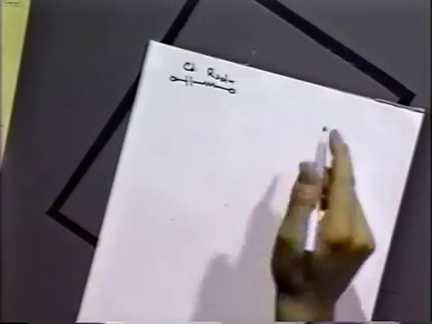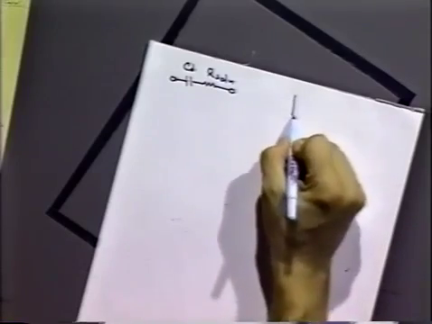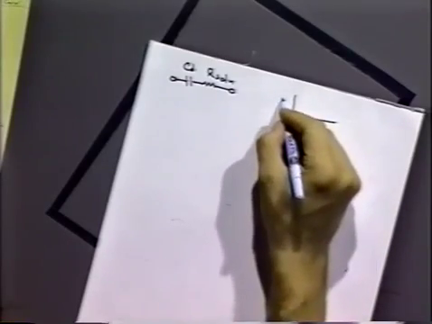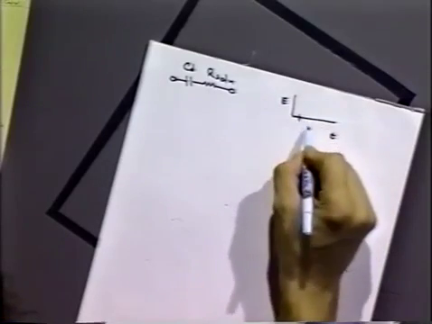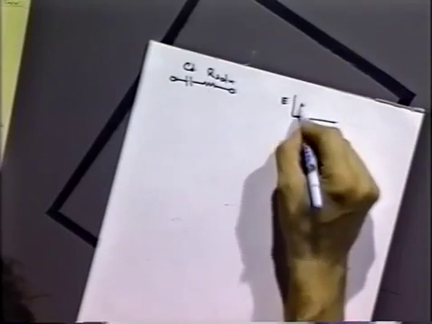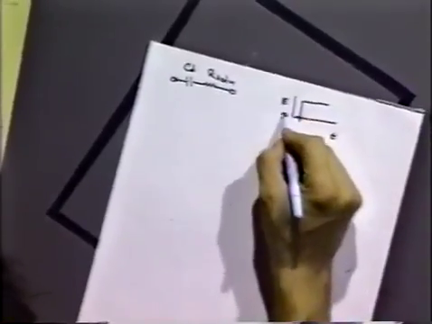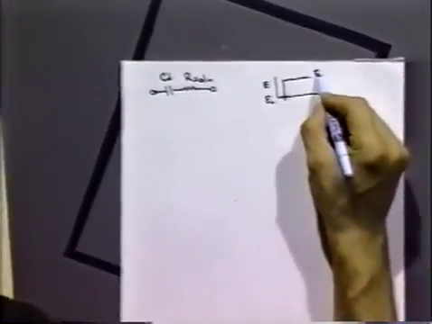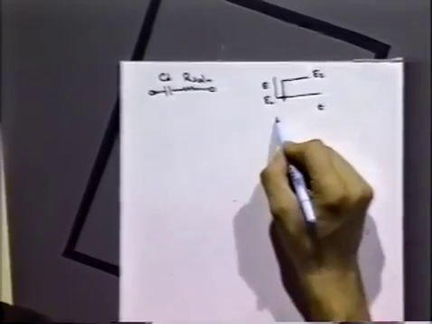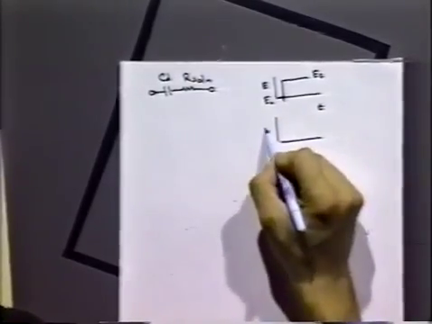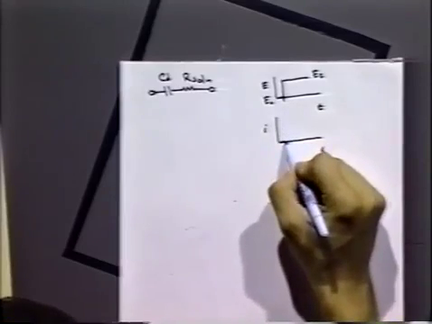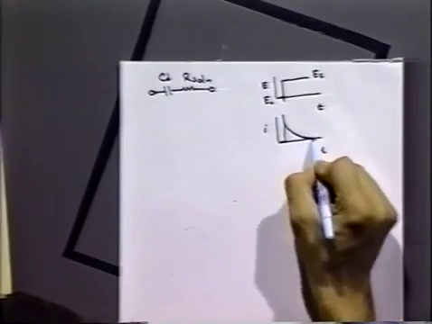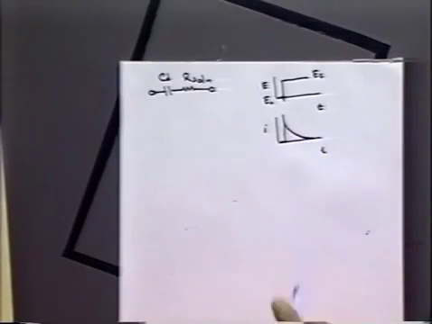So if we take this circuit and we do a step of the potential at time equal to 0, from some initial potential E0 to some final potential EF, we would observe a current with time behavior very similar to this. And that, again, is an exponential function.